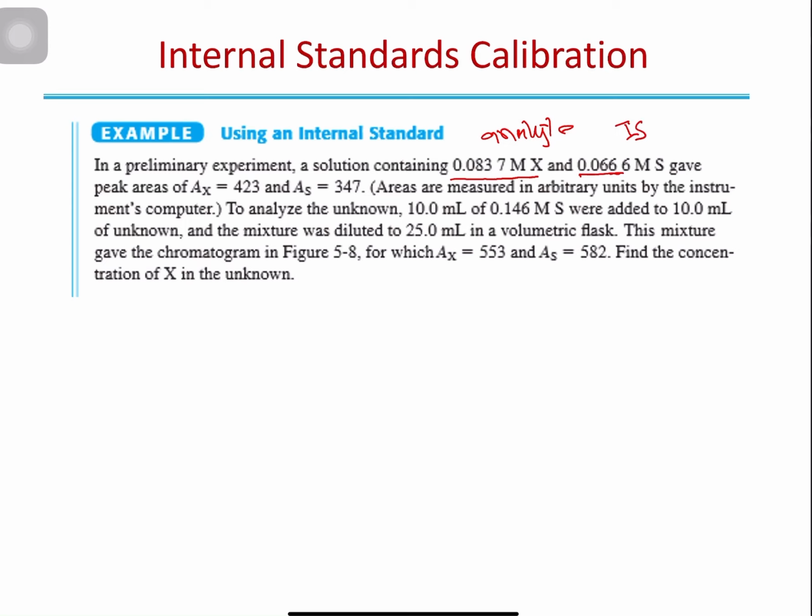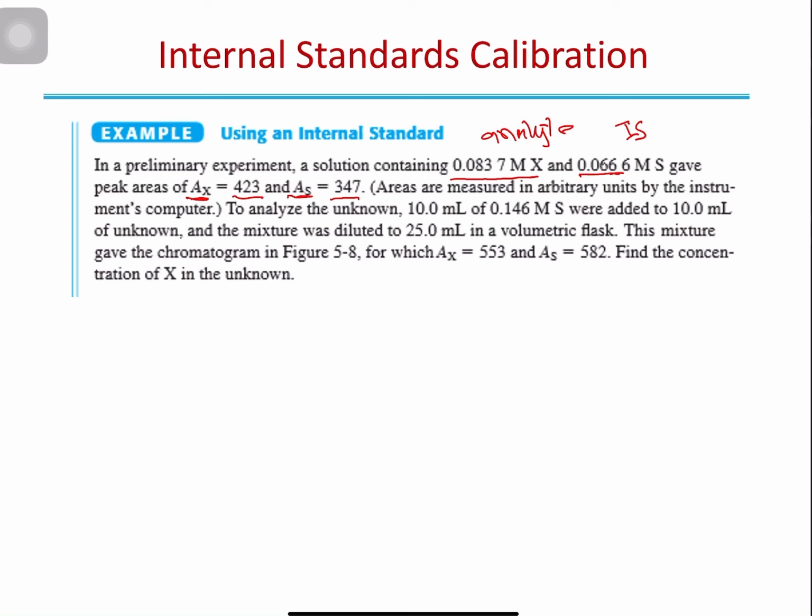So the solution contains both, and these are the concentrations of both the analyte and the internal standard. The peak area AX, from the analyte, is 423, and AS, the area under the peak for the internal standard, is 347.